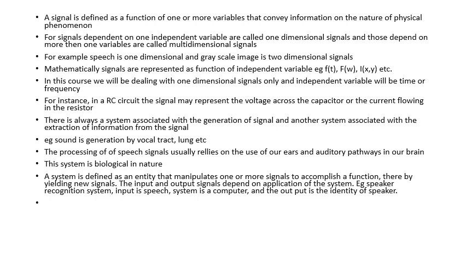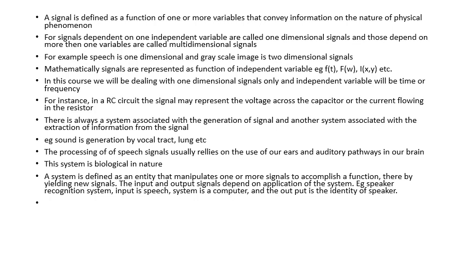For example, we have f of t, so f of t signifies that f is a function of the independent variable, which is time. Similarly, the independent variable can be frequency. In case of frequency, we use uppercase letters. Similarly, for the case of the image, we have x y as independent variables, and it can be seen that the image intensity in this particular case is a function of two variables, which are x and y.